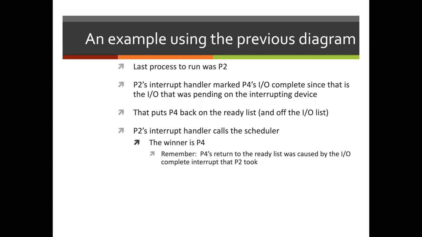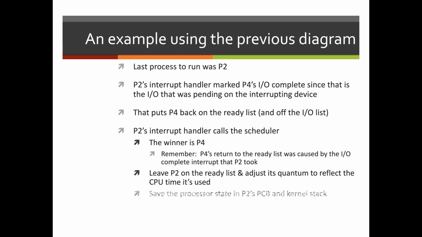And so P4 is the winner, and P4's return to the ready list was caused by the IO complete interrupt that P2 took. So this leaves P2 on the ready list and adjusts its quantum to reflect the CPU time it's used.